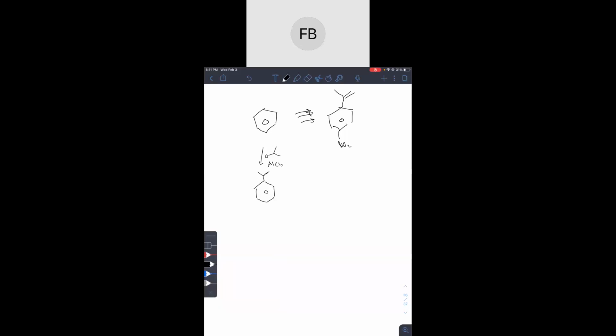Let me look at the chart. Yes, it's better to add it now because if you look at your chart, the double bonded carbons is a little bit less activating than a straight alkyl. So it would probably be better to add the NO2 right now because that's a little bit more activating than later when we change it into a double bond. So let's add our NO2.